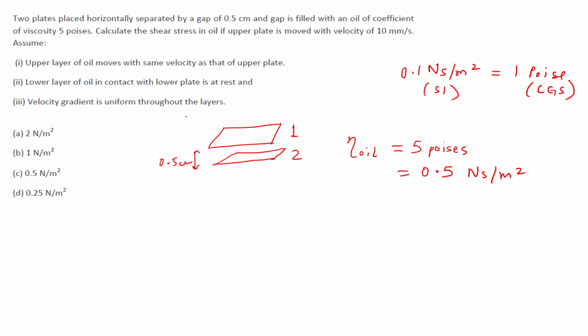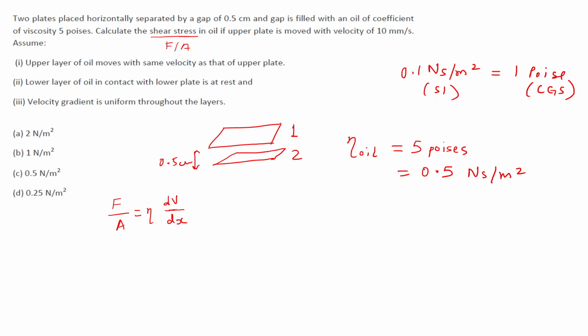Now we need to calculate the shear stress, using the same knowledge that we used in the last question. Shear stress means force per unit area, right? So we can immediately connect the coefficient of viscosity and this force per unit area. The expression we need to use is F by A equals eta dV by dx. Here I write x, because it's not radius, it's a linear distance.